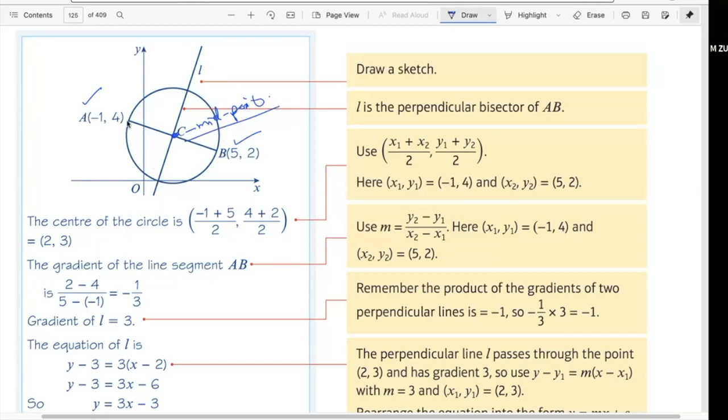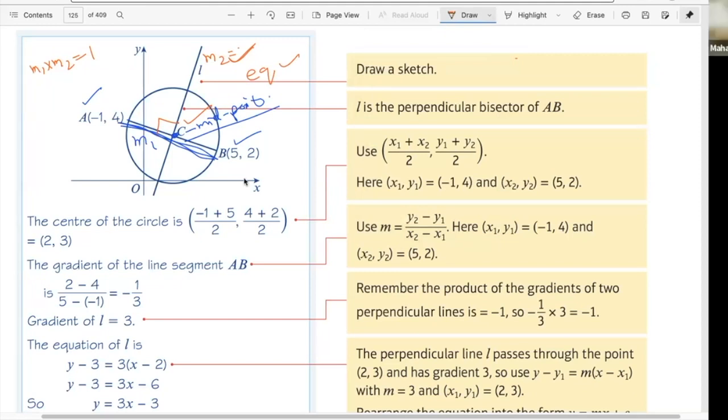Secondly, using A and B, I can find the gradient of AB and call it M1. And because it is given they are perpendicular, using the formula M1 times M2 equals -1, I can find the gradient of line L, which is M2. Now I have the point C, I have the gradient, so I can find the equation of line L. Clear?